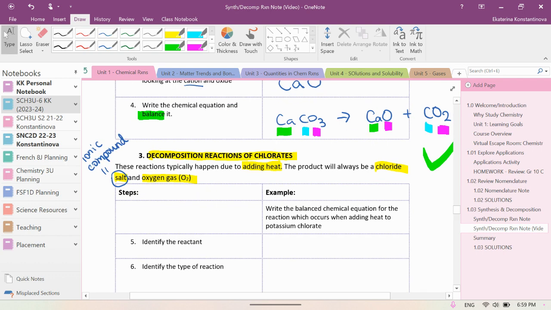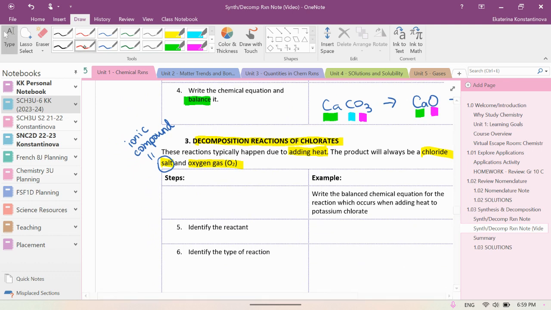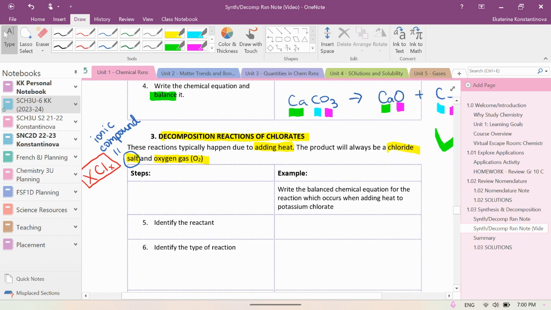So you're looking for an ionic compound that has a formula, some kind of metal plus a chlorine. Don't let that word salt throw you off. It just means it's an ionic compound with a chlorine, and oxygen gas is the other product.